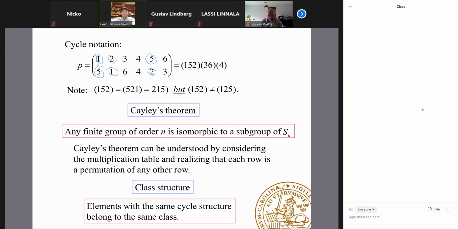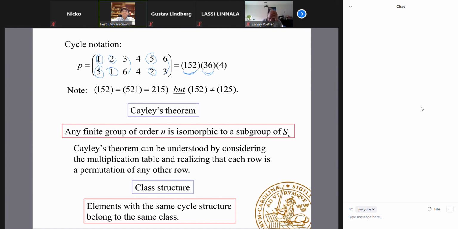So I can write it as a cycle like this: (1 5 2). Because 1 goes to 5, 5 goes to 2, and then 2 goes back to 1. So it's like a cycle. If you look at the element 3, 3 goes to 6, and then 6 goes back to 3. So then I have the 2-cycle (3 6).